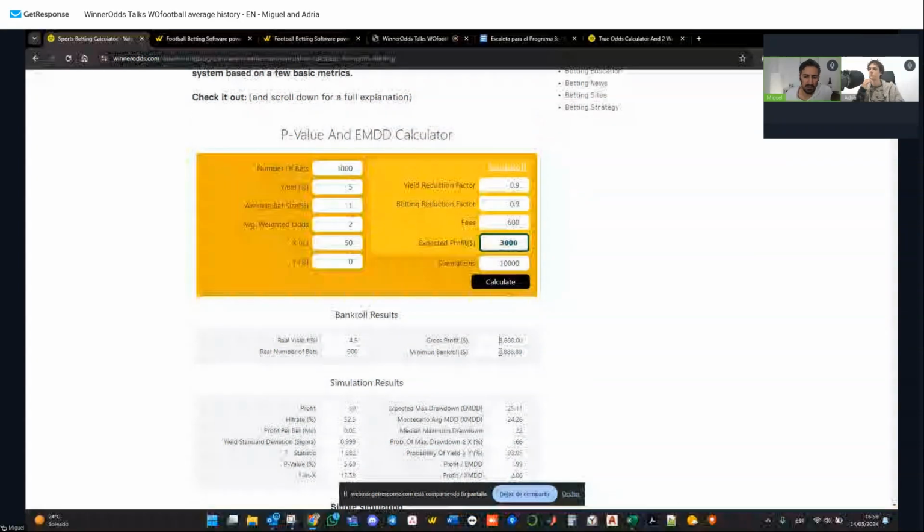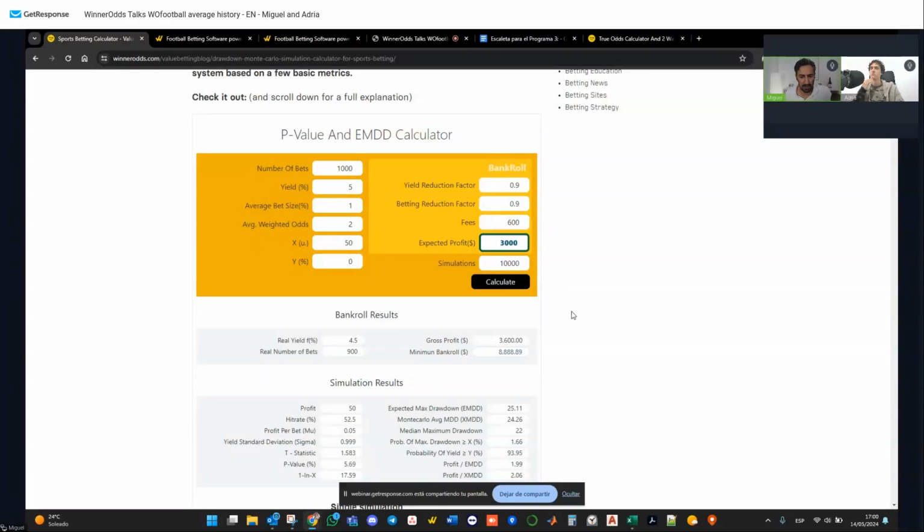It is 8,000, almost 9,000 euros. So for this system I need a very big bankroll in order to make it profitable, or to win a net amount of 3,000. So this calculator also helps us to be aware of which bankroll we need, depending on our expectations, the fees, and also the profitability of the tipster.